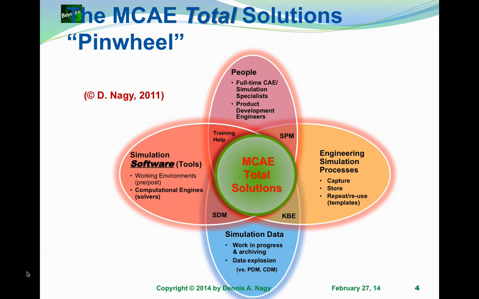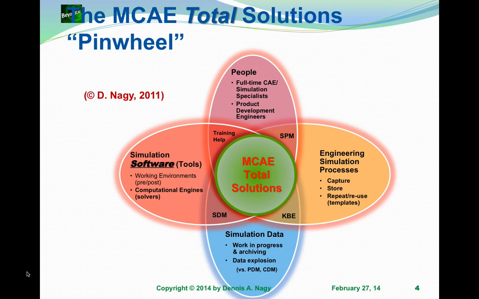The point here is that for a mechanical computer-aided engineering solution to be usable by people, there are really 4 major elements and then some overlap areas. Obviously, the simulation software tools are where it all started, and that is divided into 2 areas: working environments and computational engines.